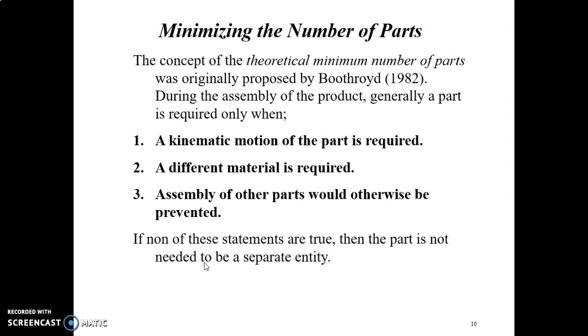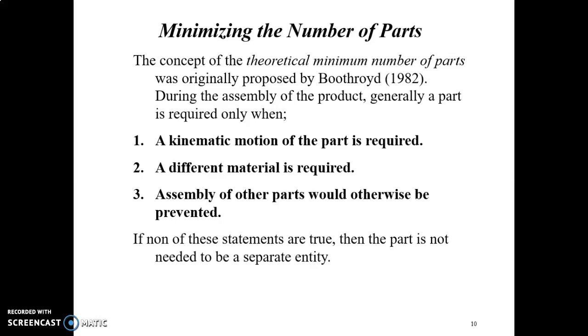Minimizing the number of parts is another approach. The concept of the theoretical minimum number of parts was originally proposed by Boothroyd in 1982. Generally, during the assembly of the product, a part is required only when a kinematic motion of the part is required, a different material is required, or assembly of other parts would otherwise be prevented.